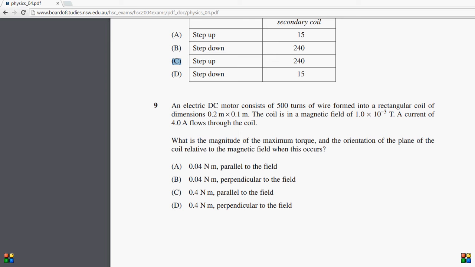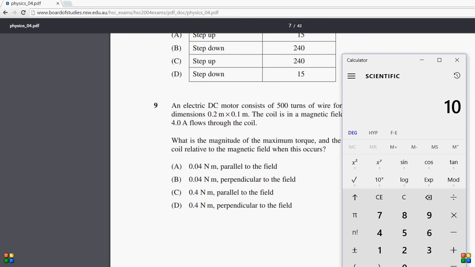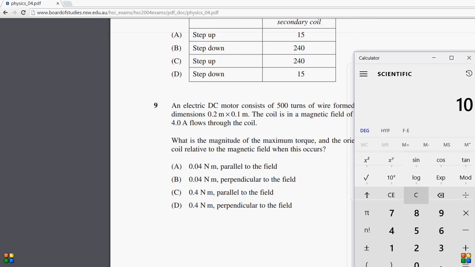So the maximum torque appears when it's parallel to the field, always. And now we need to do some math. So this is going to be 0.02. Alright, let's do this. Cancel.